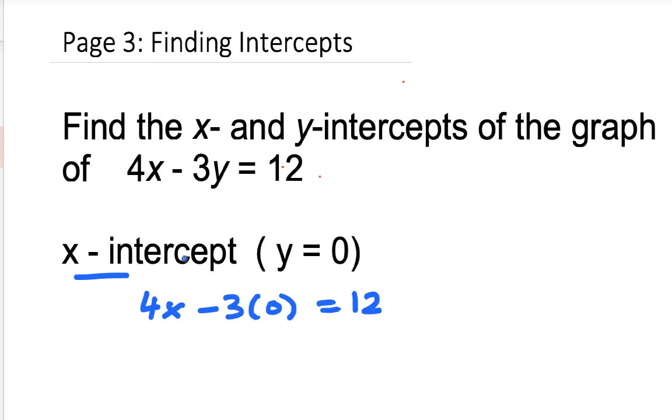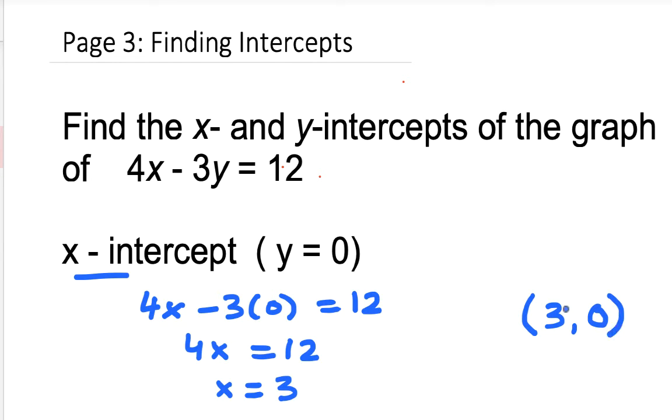And we're going to solve the equation for x. So what do we get? 4x equals 12, or x equals 3. So the x-intercept here is given by the point (3, 0).